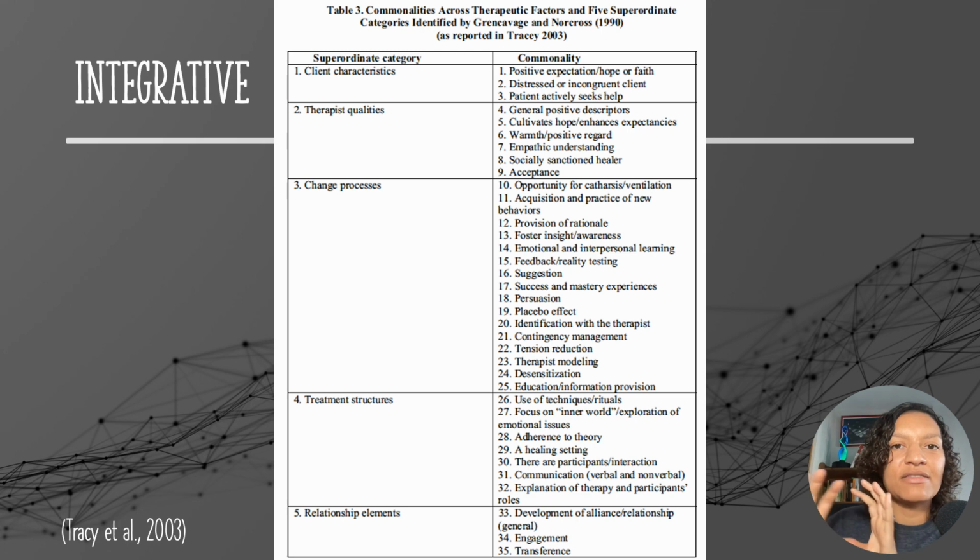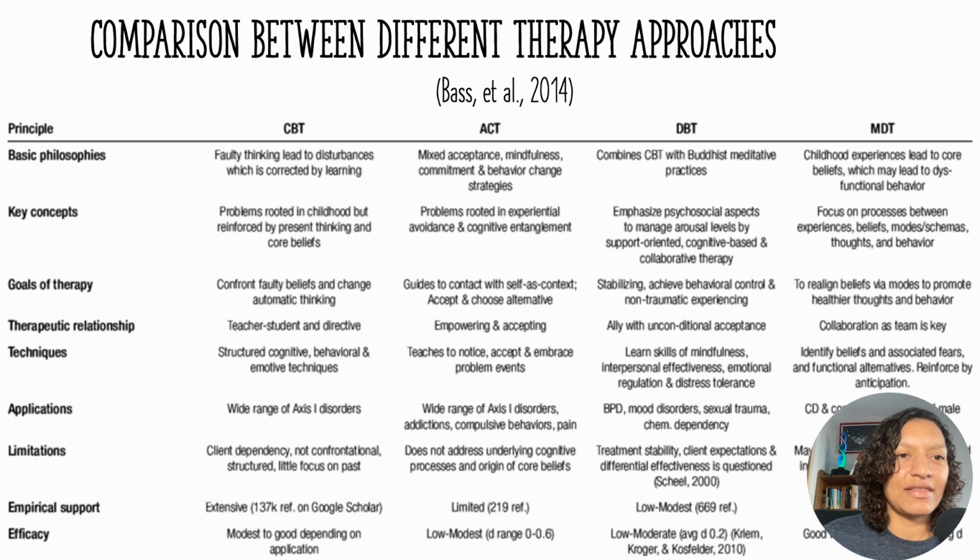There's kind of this baseline of what's present for each approach, as opposed to getting into the weeds. So each class we've gotten way detailed in terms of, well, this is what this approach looks like, this is what this technique looks like. But if you take a step back, there's a broad overlap across all of the approaches. This might be hard to see in the video, in which case, if you're interested in learning more, you can pull up the citation there, Bass et al., 2014.